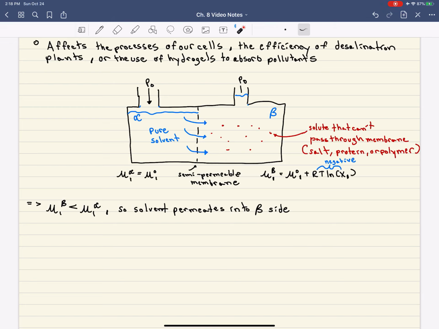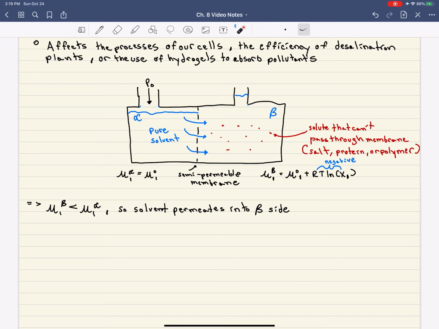Another way we could characterize it is, let's say we have this solvent flowing from the alpha to the beta side, and let's say we wanted to stop that flow. Okay? Once again, we have liquid flowing from one side to another, right?